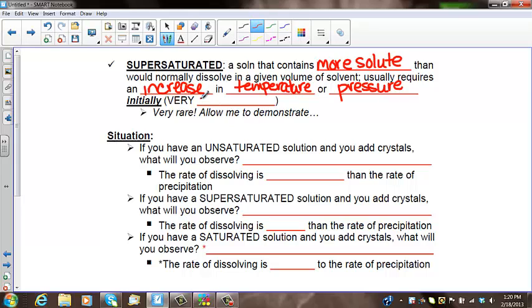These types of solutions are very unstable, and I'm going to demonstrate this in class. Very unstable. One slight change and it could be catastrophic, and all of the solute could come out of solution.